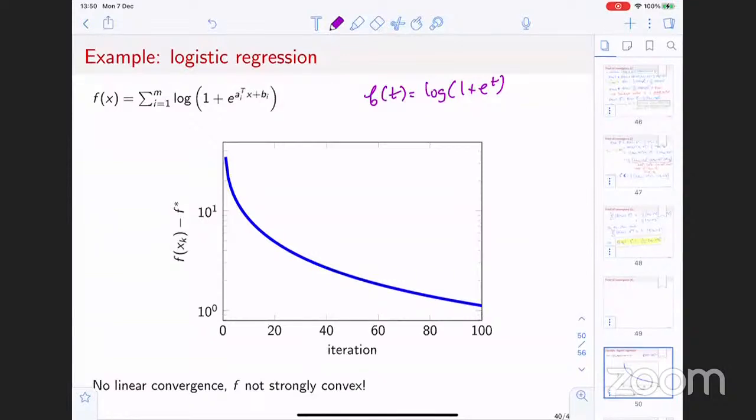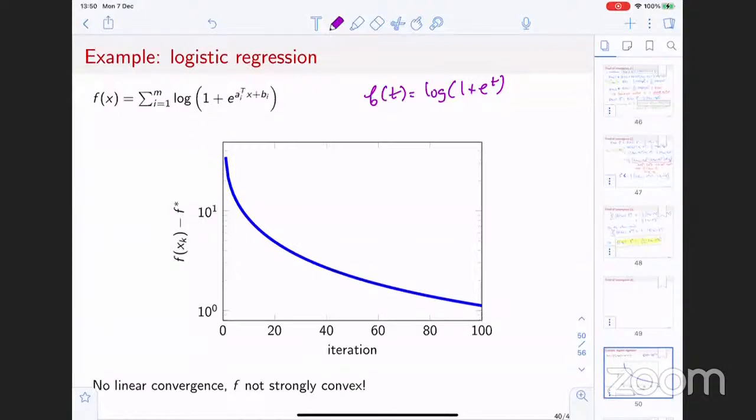We've seen that this function f is not strongly convex because it approaches something linear at infinity. So if you run the gradient method on such a function, we don't see the linear convergence rate that we saw in the least squares problem I showed before. Rather, we see a much slower convergence.